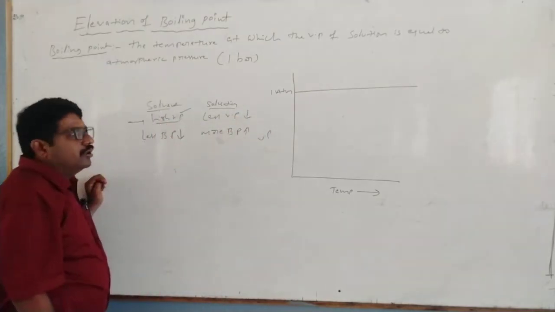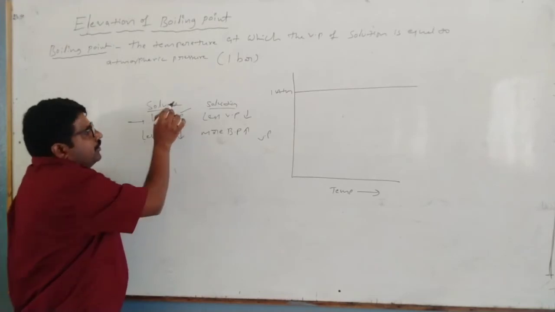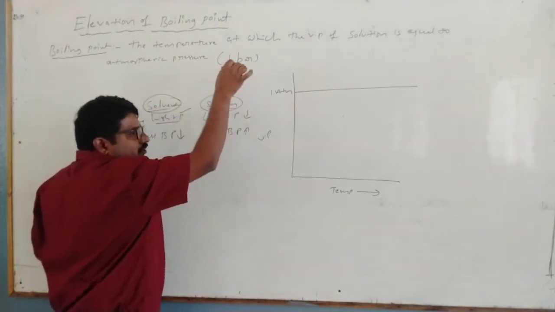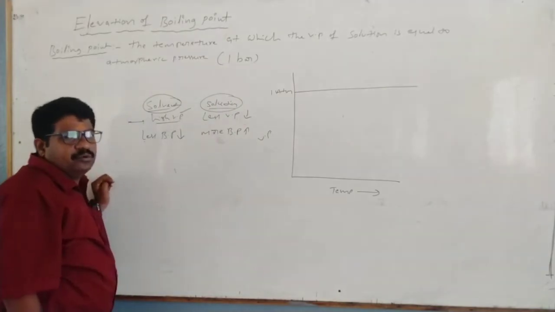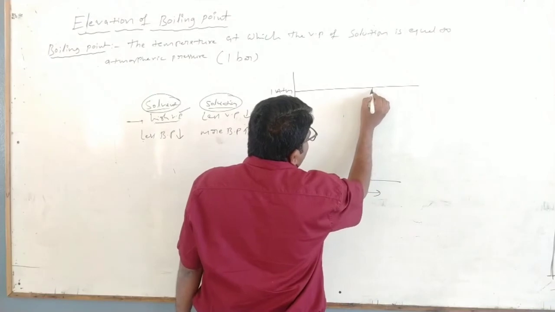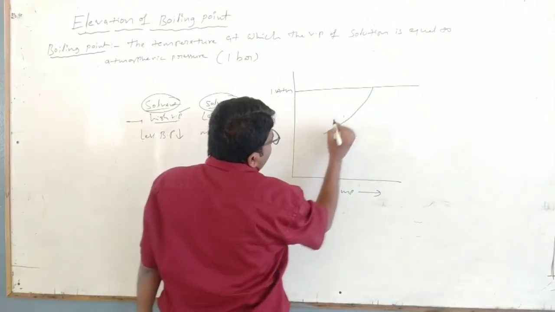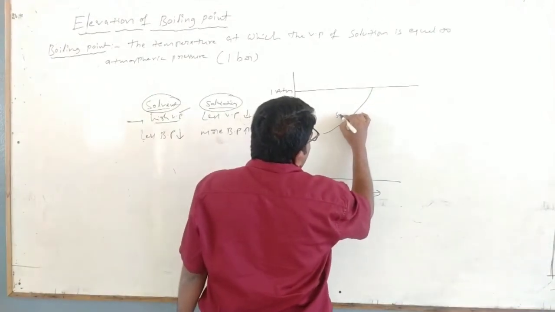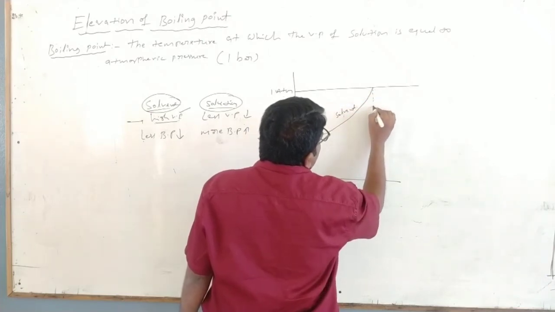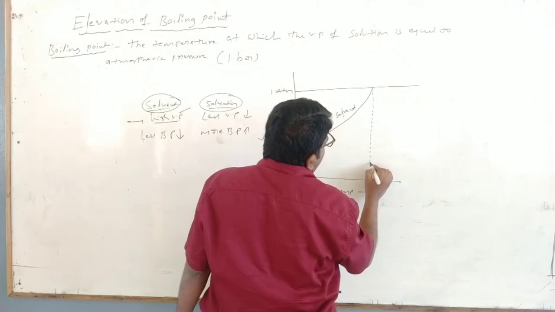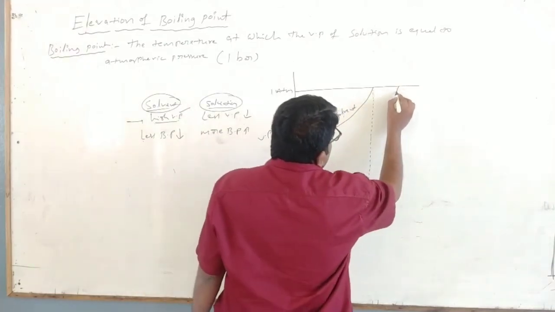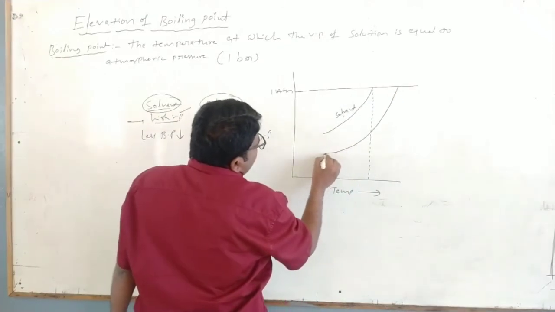The vapor pressure of the solvent and the vapor pressure of the solution are both equal to the atmospheric pressure at their boiling points. Consider this a point for the solvent, and this curve is for the solution.